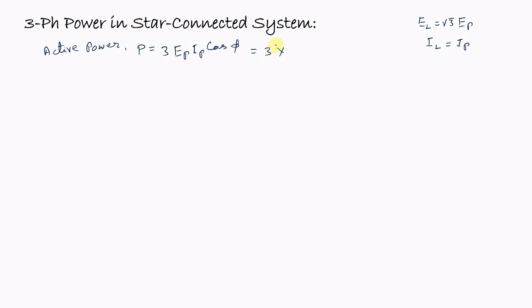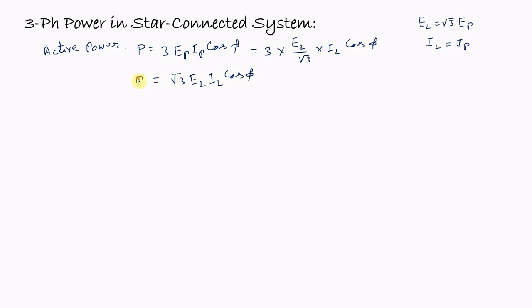So instead of E phase we can write EL upon root 3, and instead of I phase we can write IL, into cos phi. So the power can also be written as root 3 EL IL cos phi.